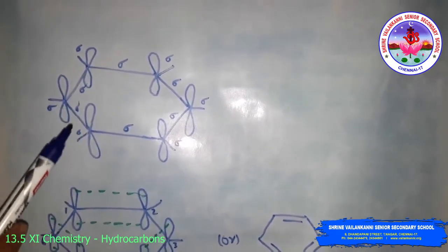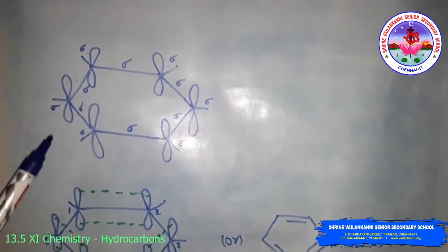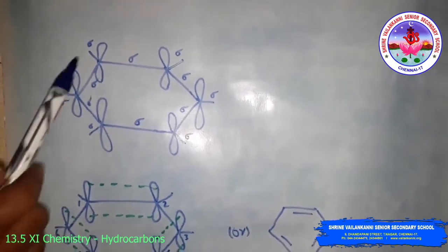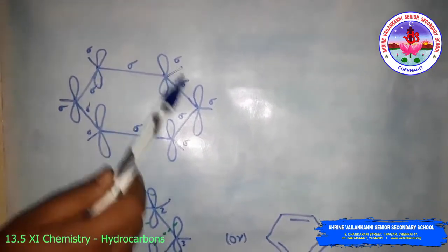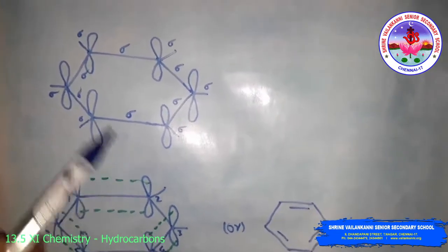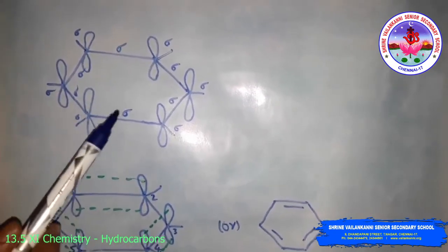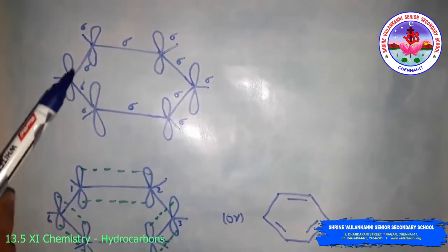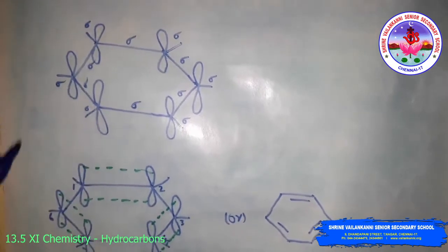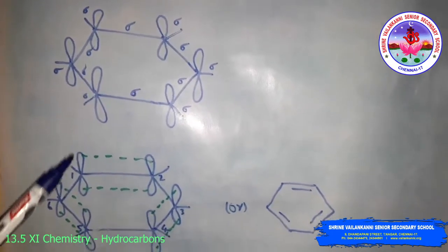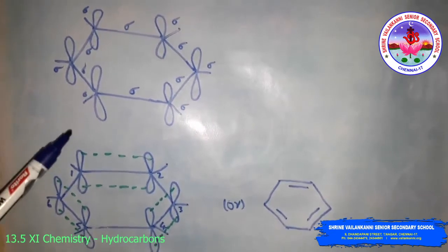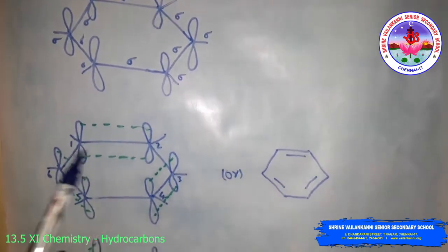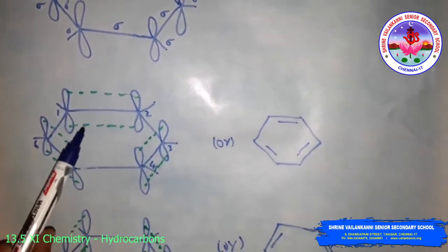The remaining sp2 hybrid orbital of each carbon atom overlaps with the s orbital of a hydrogen atom to form 6 carbon-hydrogen bonds. So these are the 6 carbon-hydrogen bonds, that is also sigma bond. Each carbon atom is now left with one unhybridized p orbital perpendicular to the plane of the ring, like this. These unhybridized p orbitals of carbon are close enough to form a pi bond by lateral overlapping, like this. This is the lateral overlapping of the pi bond.